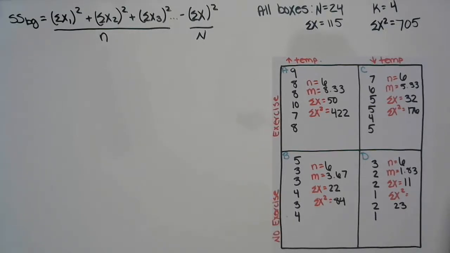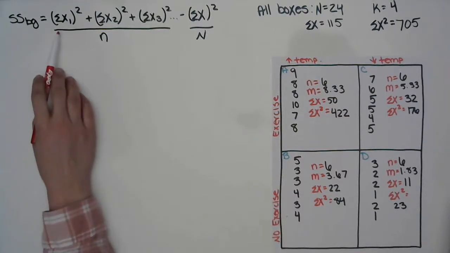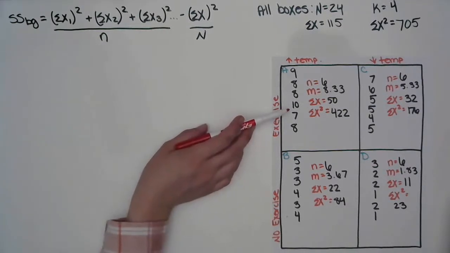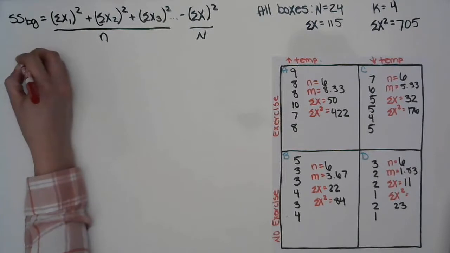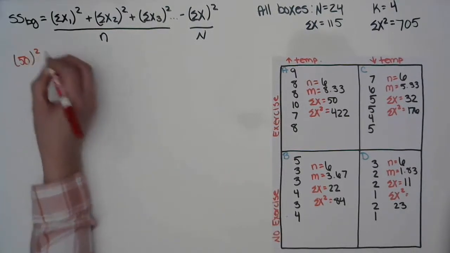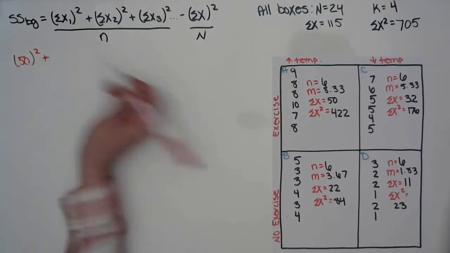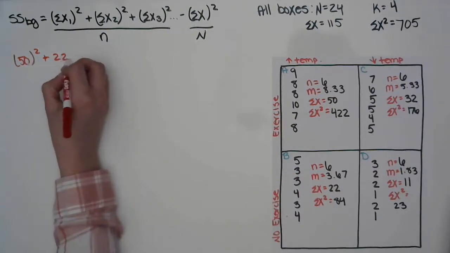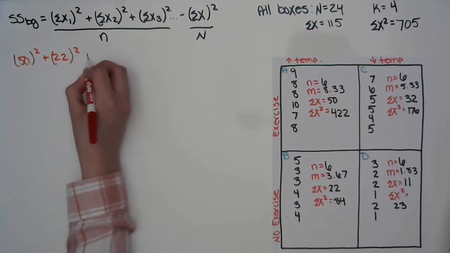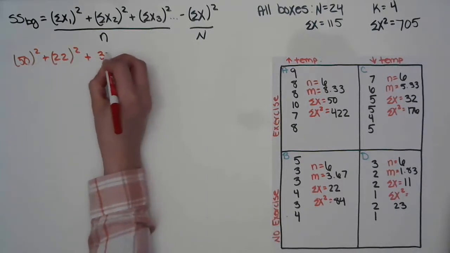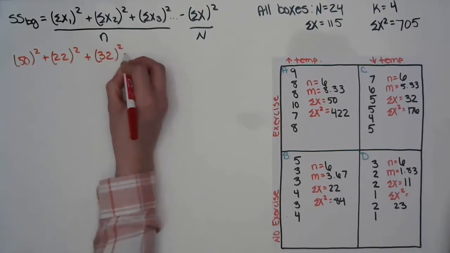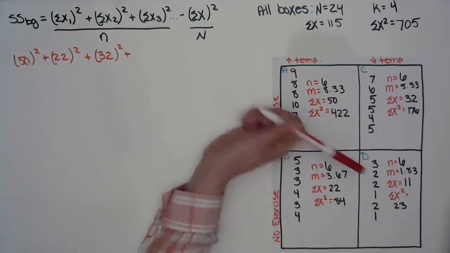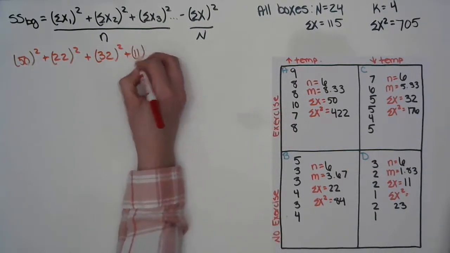Next, let's solve for our sum of squares between groups. Let's plug this value in here. We have the sum of the raw scores for group 1 squared, so that is 50 squared, plus for group 2 we have 22 squared, plus group 3 is 32 squared, plus group 4 is 11 squared.